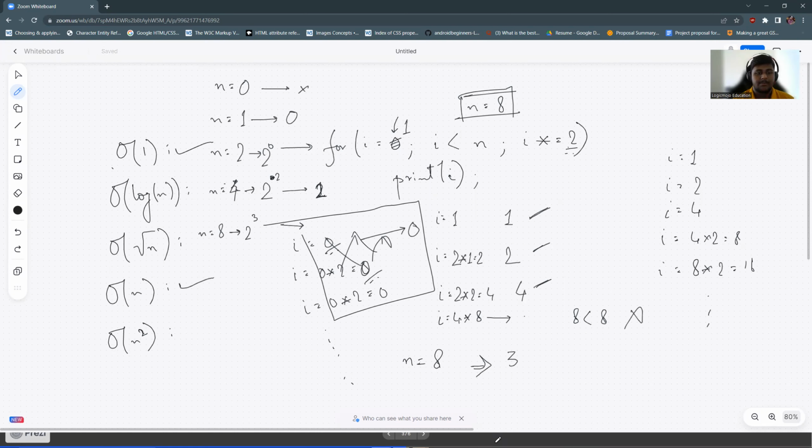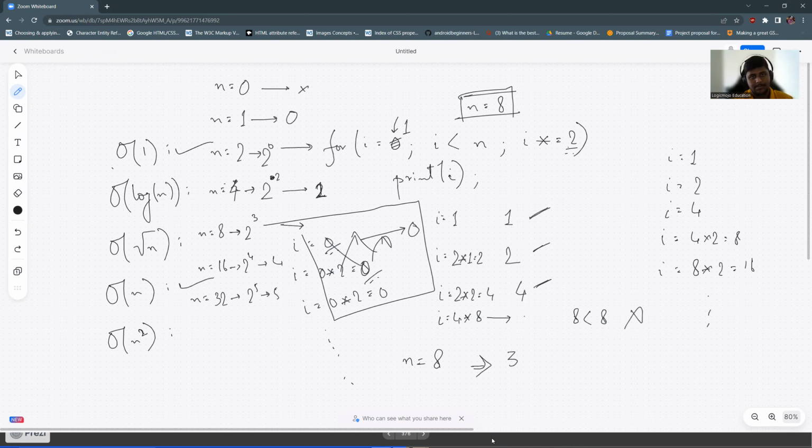For n is equal to 8, it should run 2 to the power 3, that is 3 times. For n is equal to 16, it should run 2 to the power 4, basically 4 times, like it should print 4 times. For n is equal to 32, it should run 5 times.